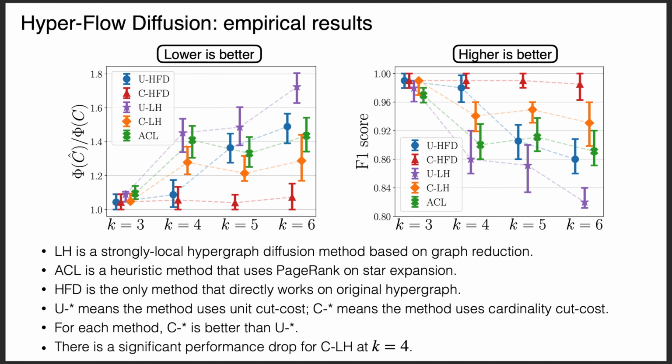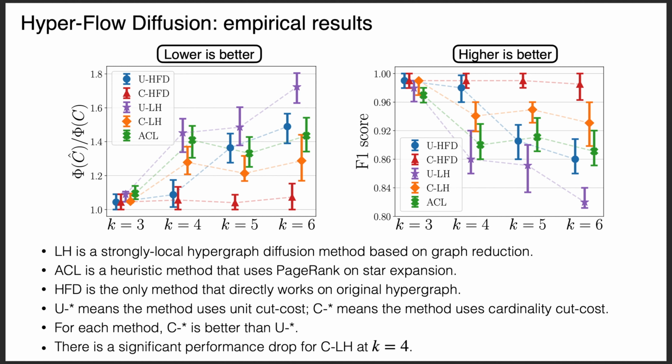We compare our method HFD with 2 other methods. The first one is LH, which is a strongly local hypergraph diffusion method that is based on graph reduction. The second one is ACL, which is a heuristic method that uses PageRank on the star expansion of the hypergraph. By the way, HFD is the only method here that directly works on the original hypergraph.